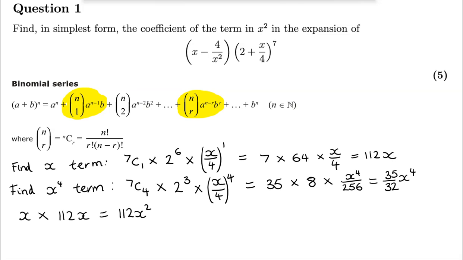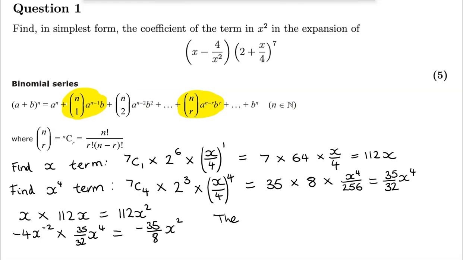And then when I've got the minus 4x to the power of minus 2, I'm then going to times that by the 35 over 32 x to the power of 4 that I found in the second bracket. Just really make sure, by the way, when you do this, that you don't forget about that minus. And we get minus 35 over 8x squared when we do that.